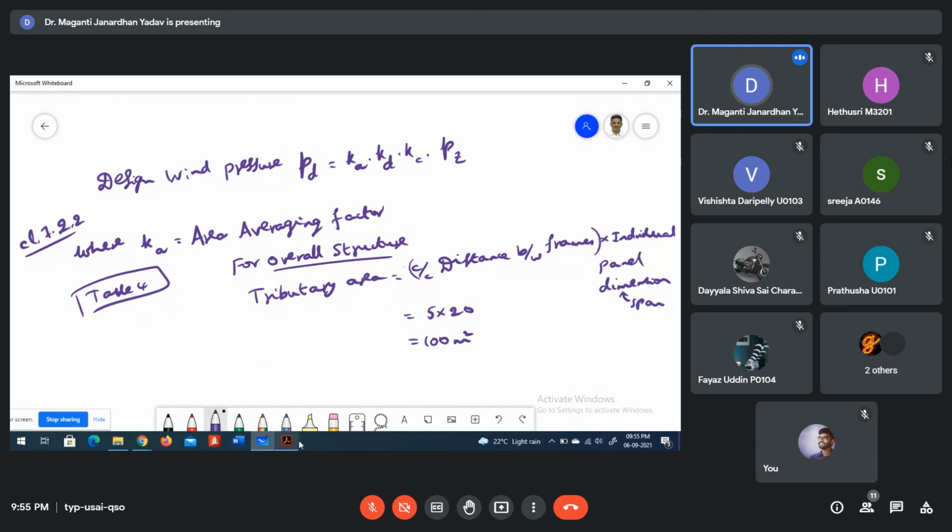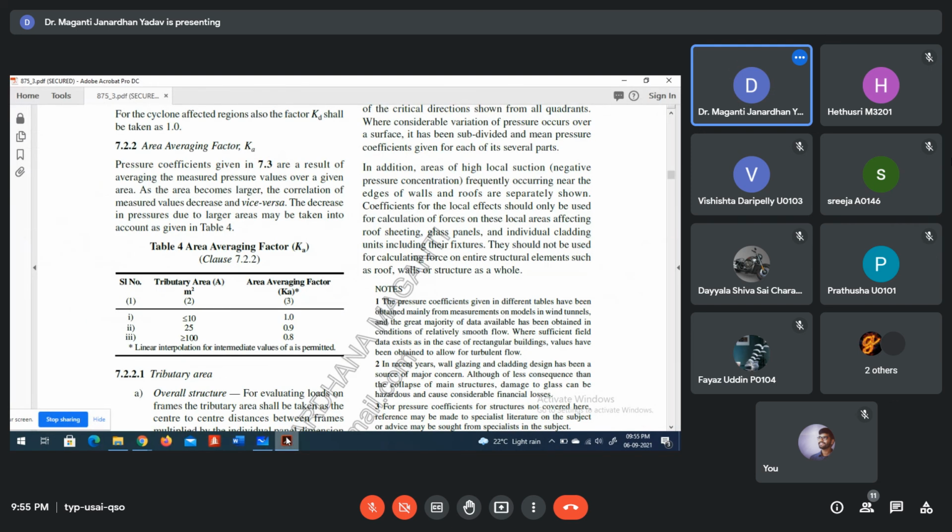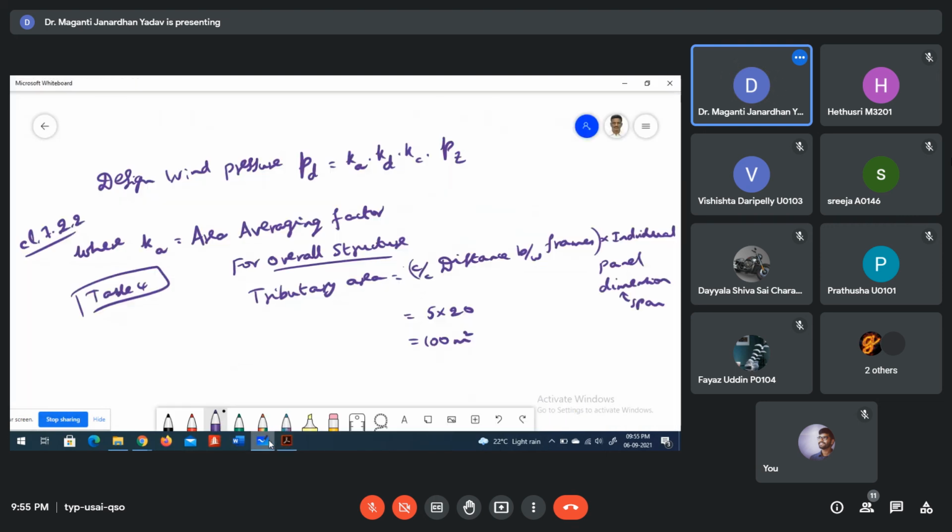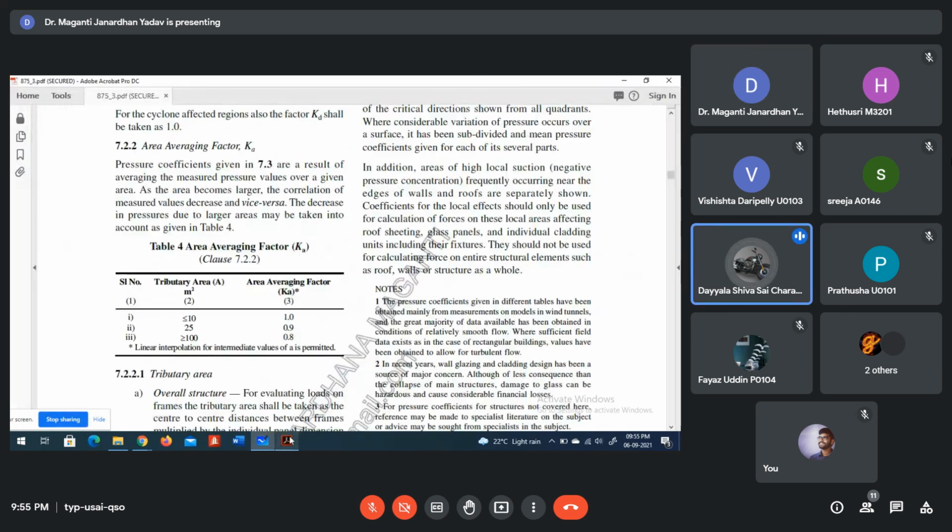So from this table 4, it is more than or equal to 100. The area averaging factor Ka is 0.8. Hope all of you are observing what I am showing in the code. Yes, sir.